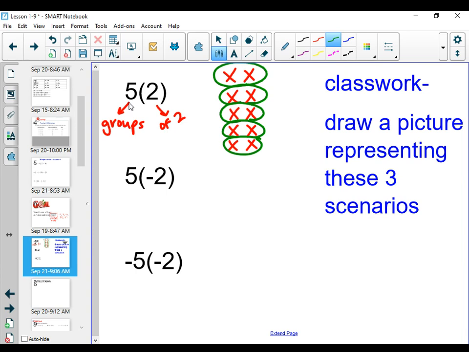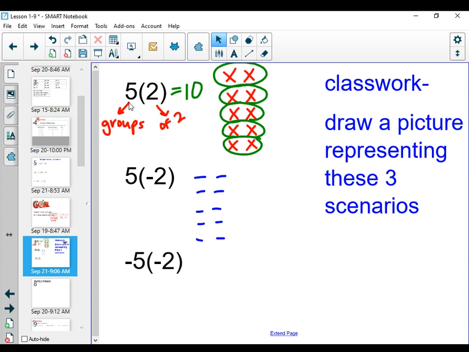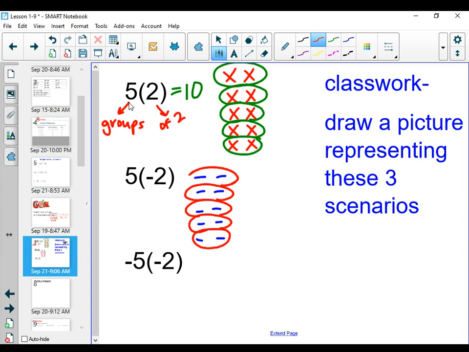Five groups of 2 x's is going to equal 10. Similarly to that, the second example would mean 5 groups of negative 2. So then, altogether, we would have negative 10.